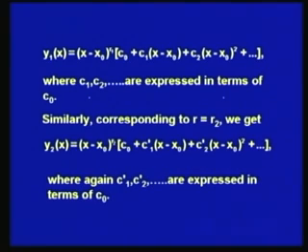Similarly, corresponding to r equal to r2, we will find the second solution y2(x), which is (x minus x naught) to the power r2 into [c naught plus c1 dash (x minus x naught) plus c2 dash (x minus x naught) whole square and so on], where again c1 dash, c2 dash are expressed in terms of c naught.